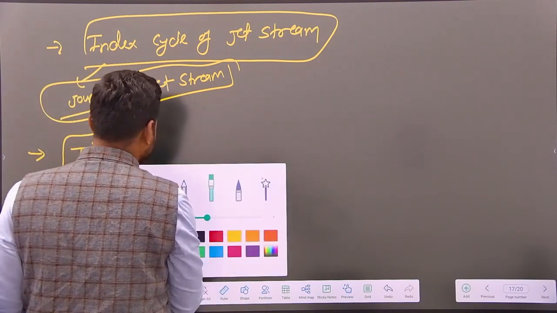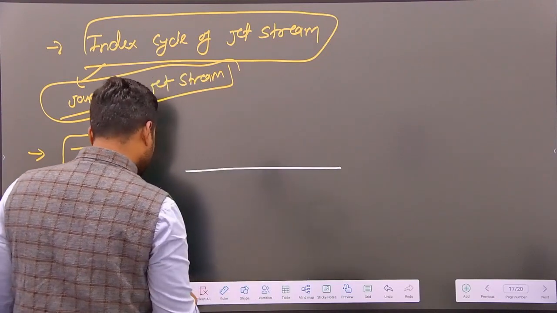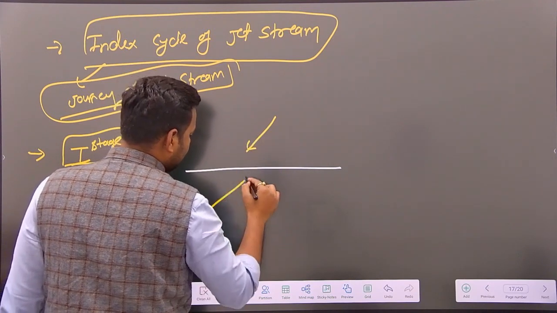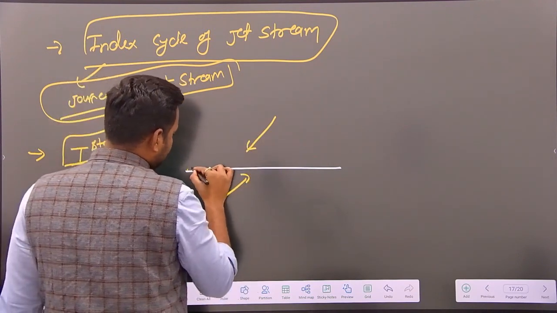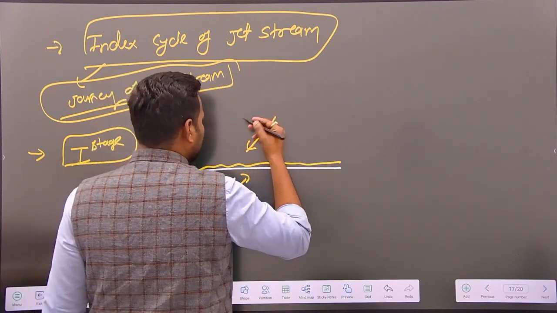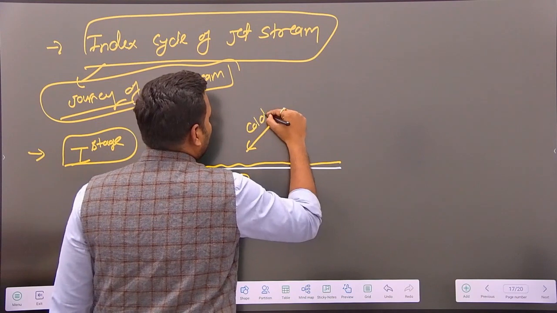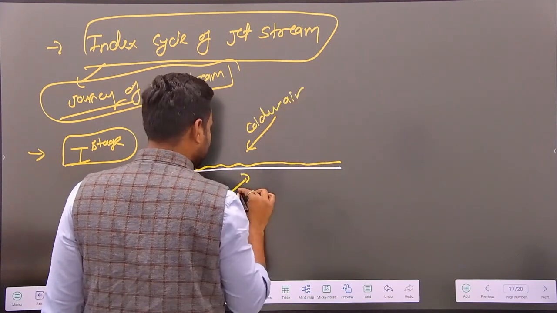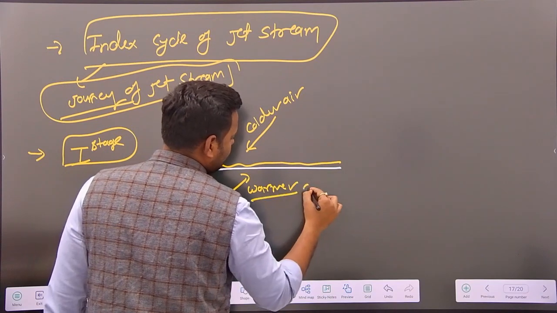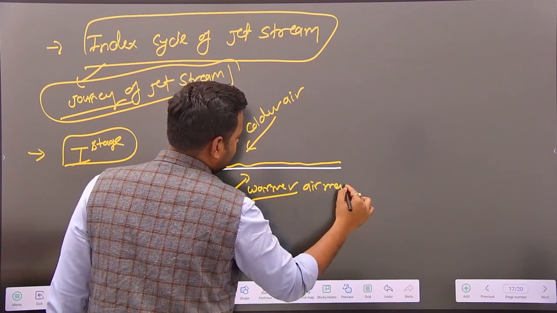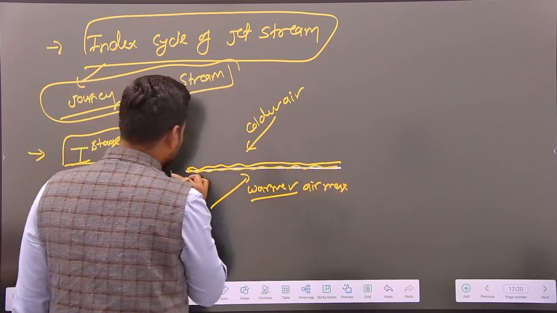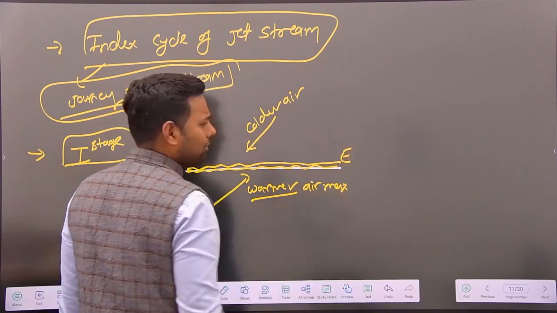In the upper troposphere, two opposite air masses meet and there is streaming. Suppose here is a colder air mass, here is a warmer air mass, and they are moving like this from west to east. Why are they moving from west to east?